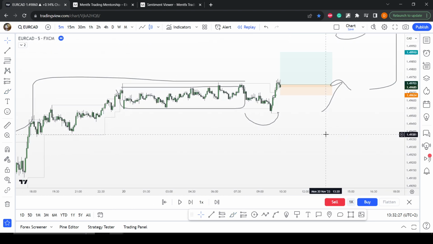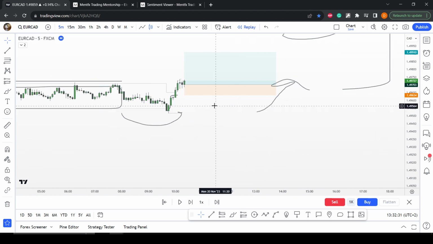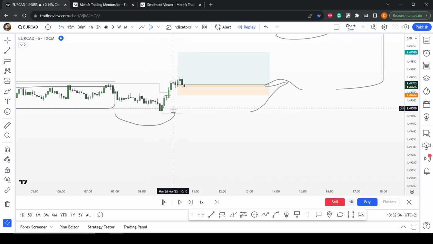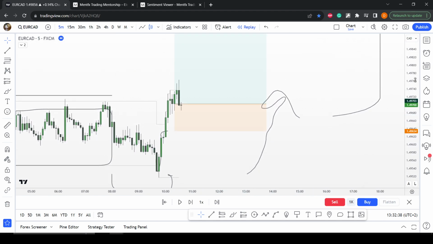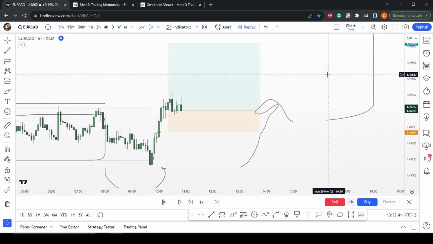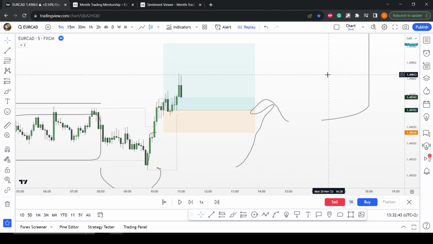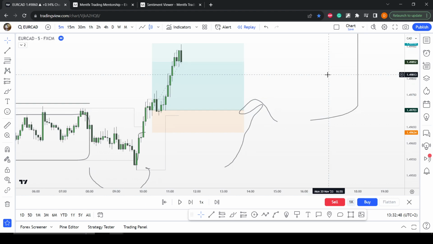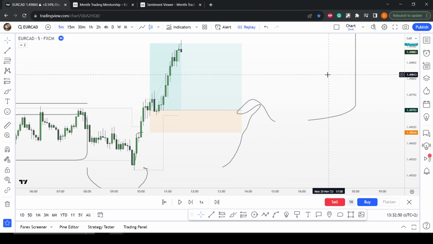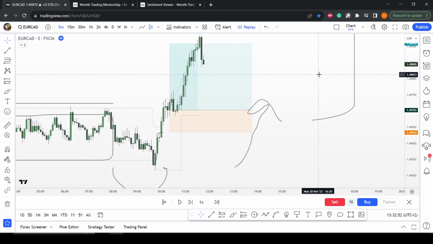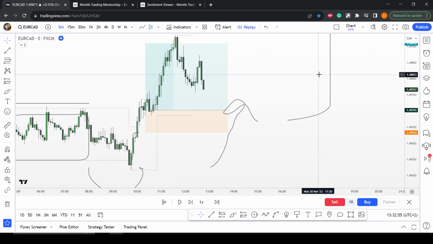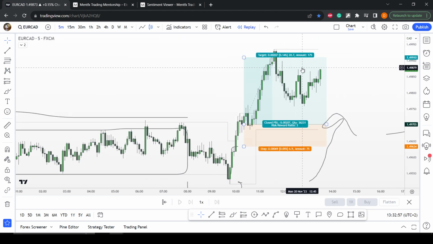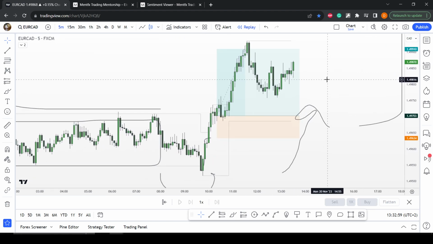And the price started just playing around a bit, formed this tightness here, and then went to the upside actually. Then rejected near the take profit once, then second time, and then eventually reached the take profit. Then went a bit higher, created this pullback, and now it's probably going to move even higher.